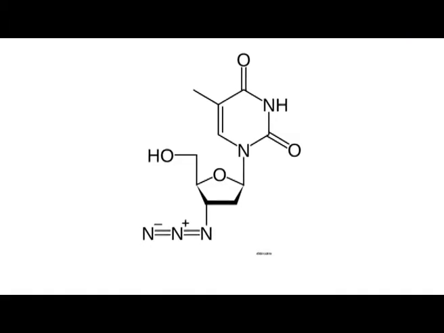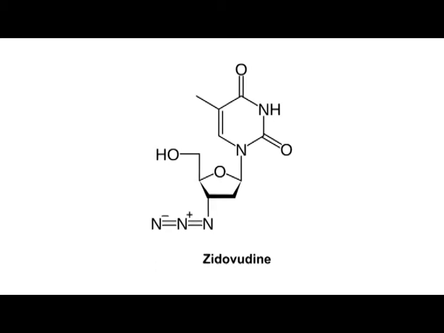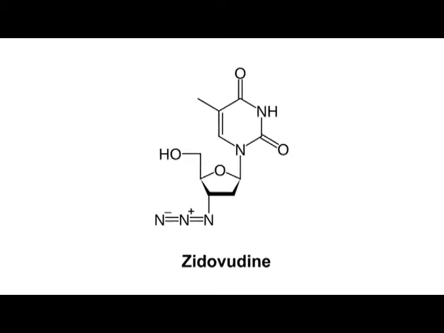List of miscellaneous classes of antivirals. Antiretroviral agents, including protease inhibitors and nucleoside reverse transcriptase inhibitors. Zidovudine. Zidovudine is an analog of thymidine in which the azido group is substituted at the 3 carbon atom of the dideoxyribose moiety.